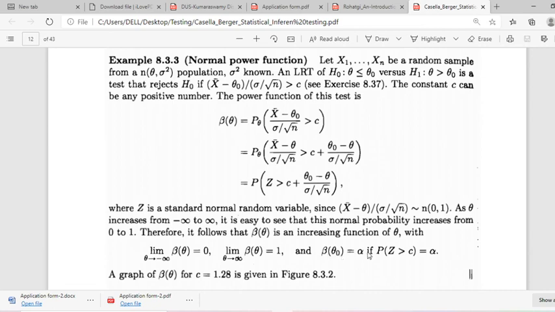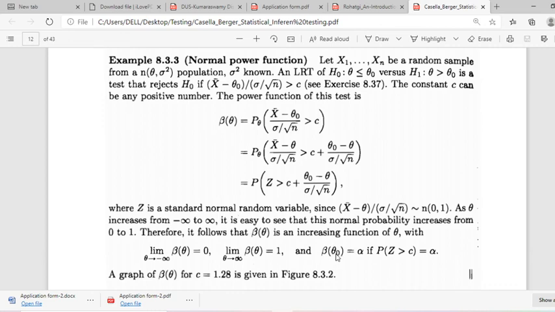Beta of theta naught equal to alpha is equivalent to saying that Z is greater than some c, because when we put theta equal to theta naught here, theta naught minus theta naught is 0. So that means probability of Z greater than c.